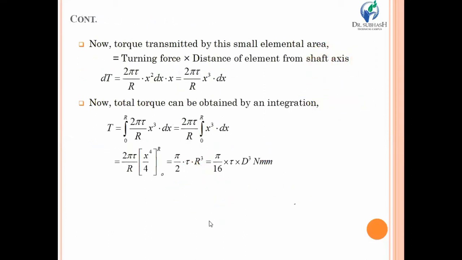Now that we have derived the shearing force or turning force, it's very easy to derive the relation for twisting moment or torque. So the twisting moment or torque that acts on that particular small elemental area is equal to turning force into distance of the element from the shaft central axis.